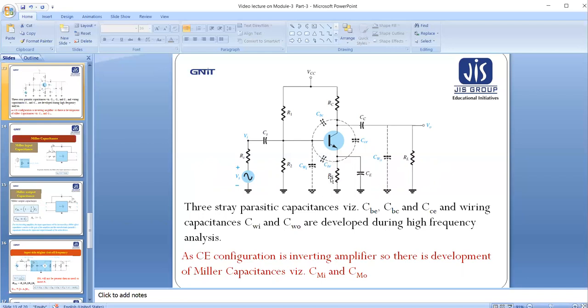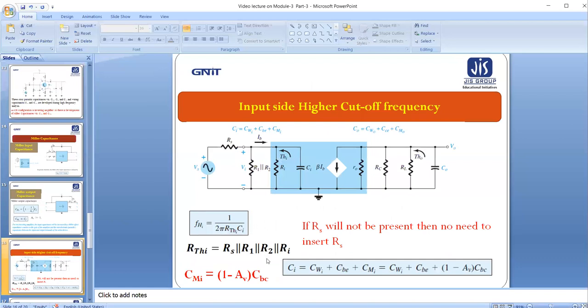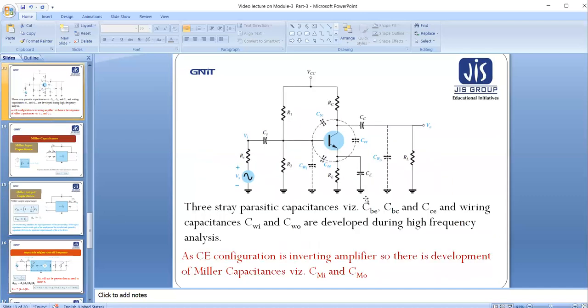This capacitor also will be grounded, so this will be parallel with this, and the CBC feedback capacitor will be modified by the Miller effect, so it will also be in parallel with CWI. Therefore the total input capacitance will be CWI plus CBE plus CMI, whereas the output capacitance will also be the parallel combination of CW0, this capacitor CCE, and also the Miller effective capacitance at the output.